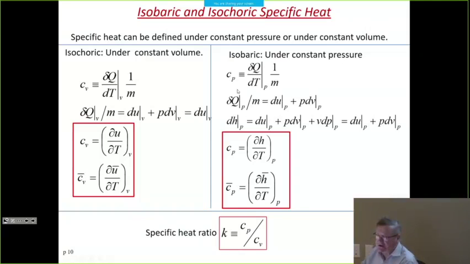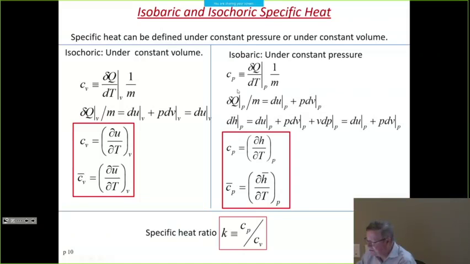It's a little bit more subtle if we do it under constant pressure, because it's still dQ/dT, but dQ now is du plus PdV. Remember, it's actually du plus PdV plus VdP, but because it's under constant pressure, the VdP is 0.